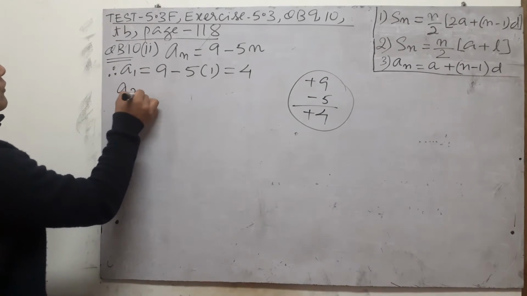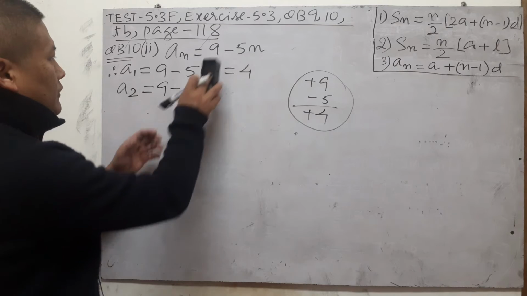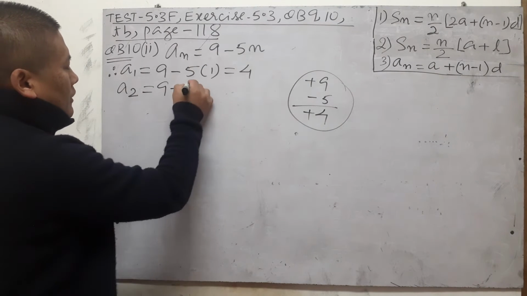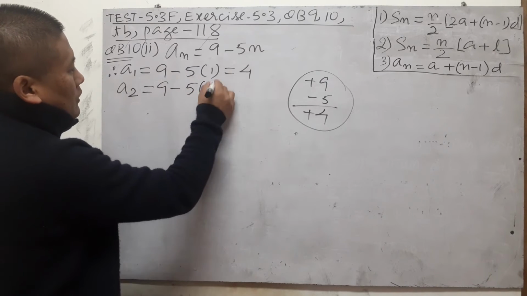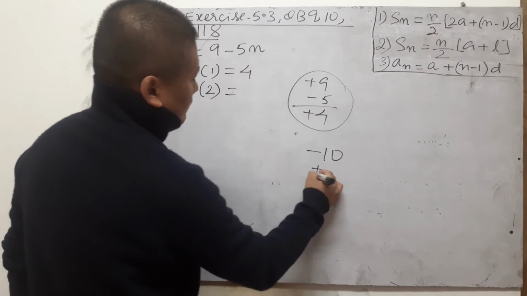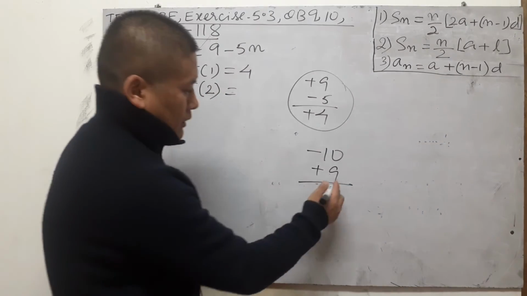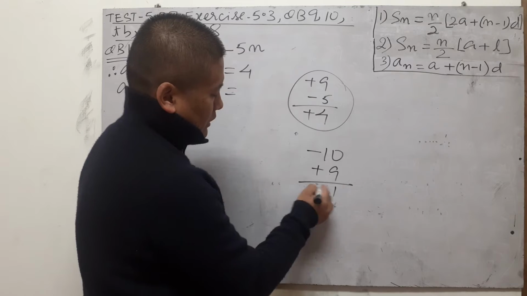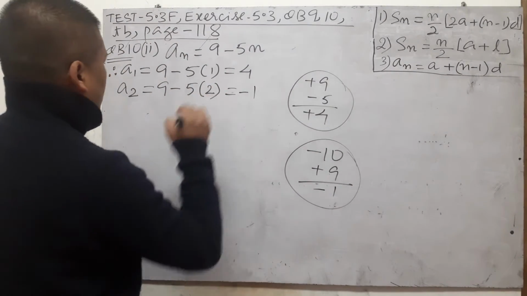And A2 will be 9 minus, following this formula, 5 into our n value, now 2, so 5 2s are 10, which is minus 10, plus 9. Minus plus means subtraction, 10 minus 9 is 1, and the bigger sign is minus, so minus 10 plus 9 is minus 1.